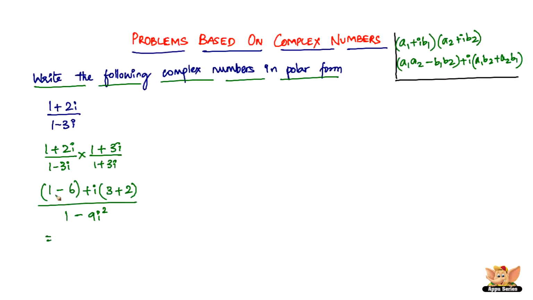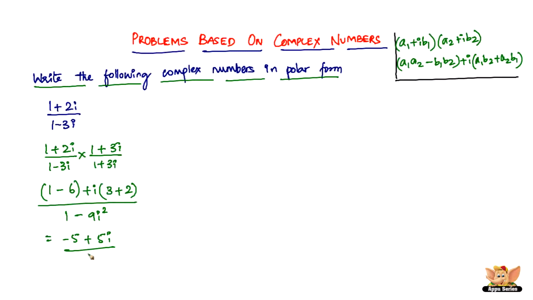So which is equal to 1 minus 6 is minus 5, plus 3 plus 2 is 5 again, so it'll be plus 5i, divided by i square is negative 1, so negative 1 times negative 9 will be positive 9, so positive 9 plus 1 is nothing but 10, right?